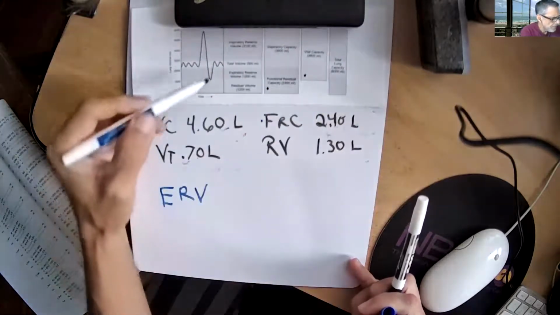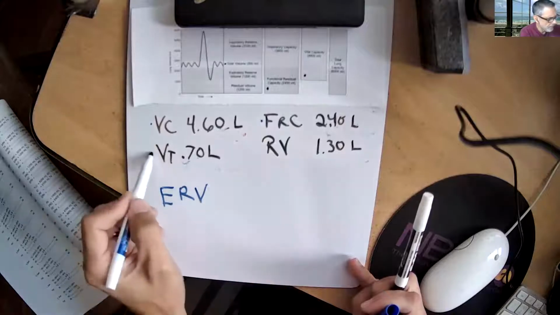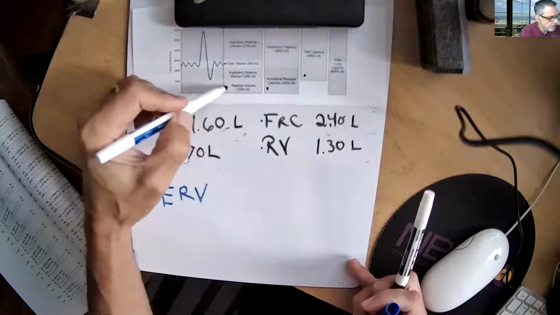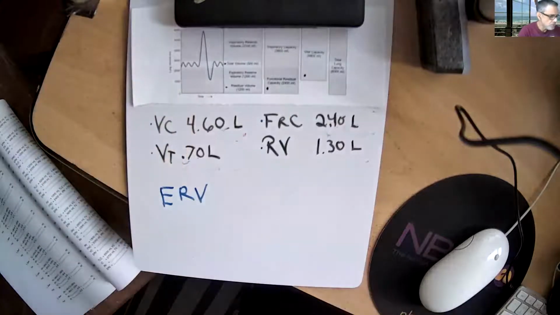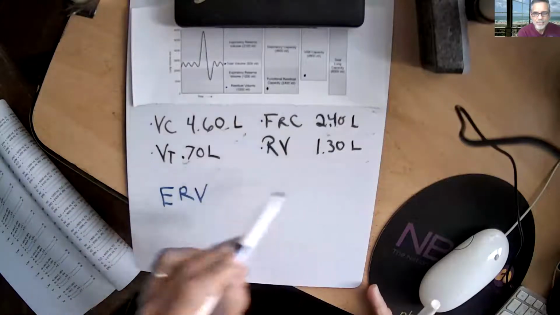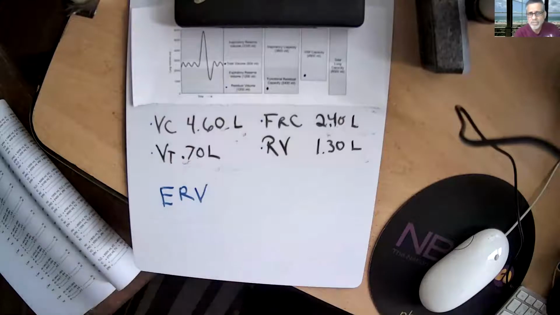I see that my tidal volume is here, and I see that my residual volume is here. Now I've got to figure out, just looking at all of these, how could I build an equation? I don't have ERV here, but ERV is somehow contained within these values, and I could either put them together or subtract from each other to do this.